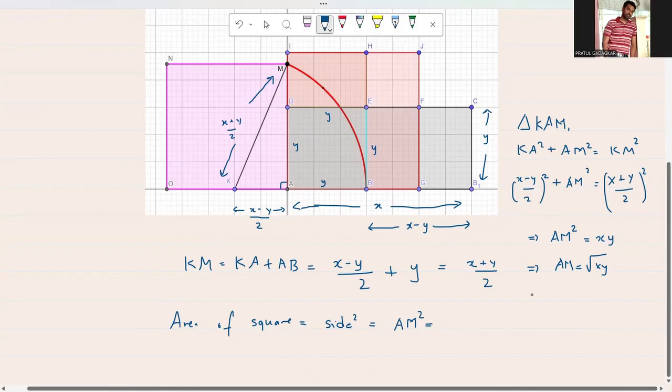Since AM square is xy, you've seen here, AM square is xy, which is the same as area of rectangle. So we have constructed a square of area xy and the area of rectangle was also equal to xy. So both the square and rectangle have the same area as x into y. So this is how we construct squares from rectangles which have same area.